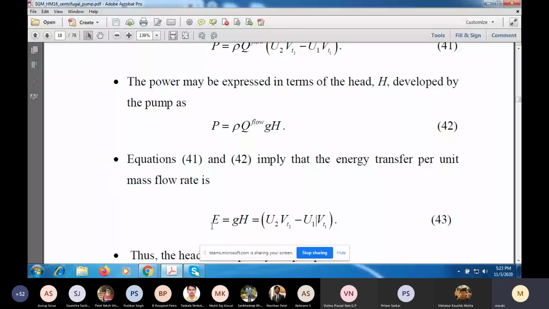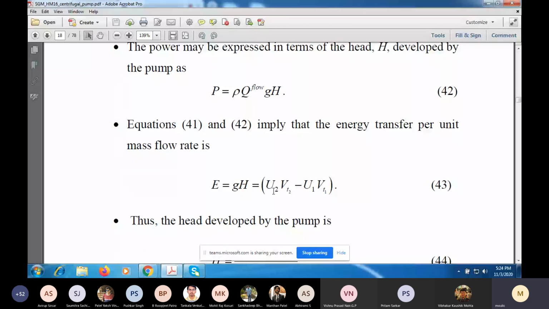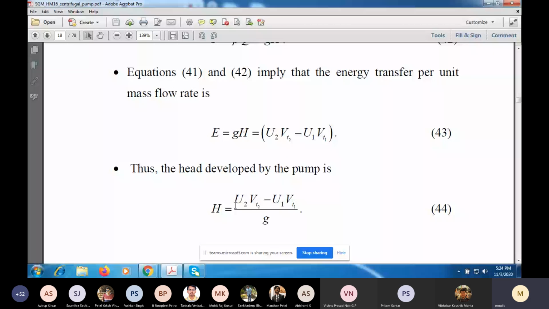And this is sometimes called energy transfer. We are calling it E. It is the energy transfer per unit mass, so it is simply P divided by rho Q. And if I divide by g, then I get the head developed by the pump in units of meters. So the head developed by the pump is (U2 Vt2 minus U1 Vt1) by g.